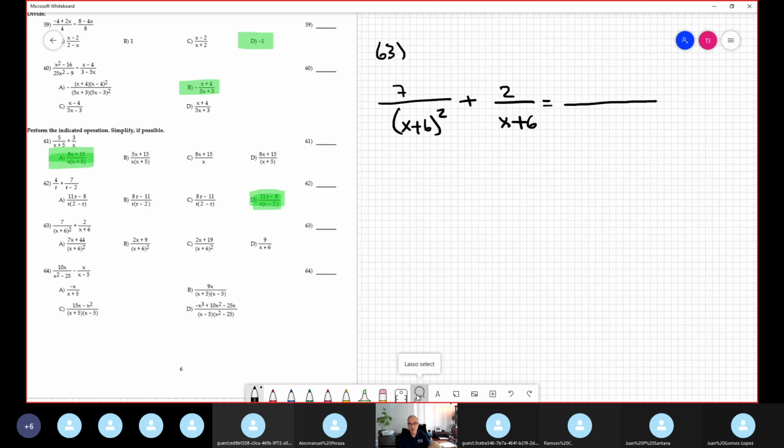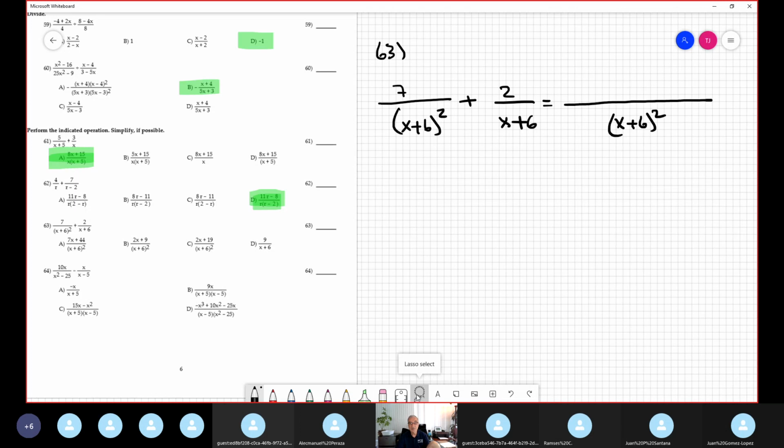Number one, find the LCD. Remember, the LCD has any factor in my problem. However, when there is repetition, you take the majority of them. The majority is x plus 6 squared.